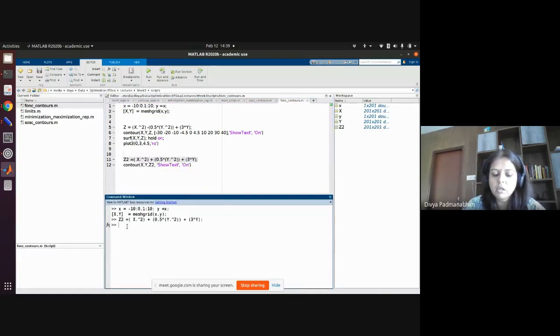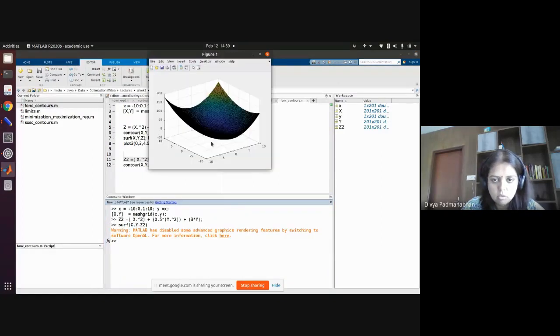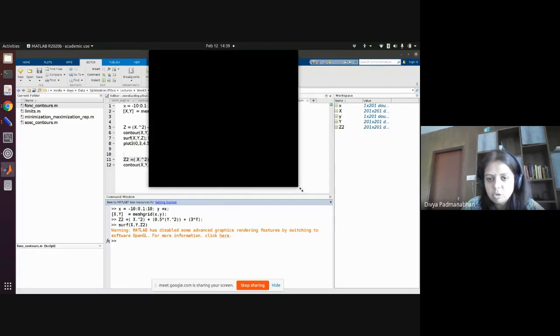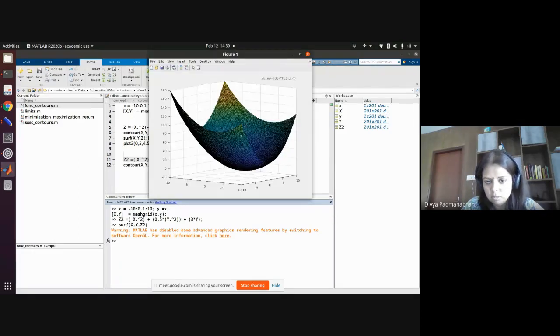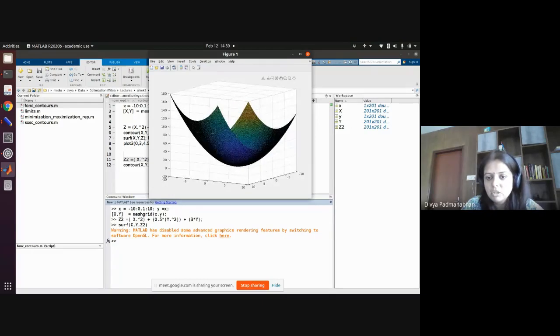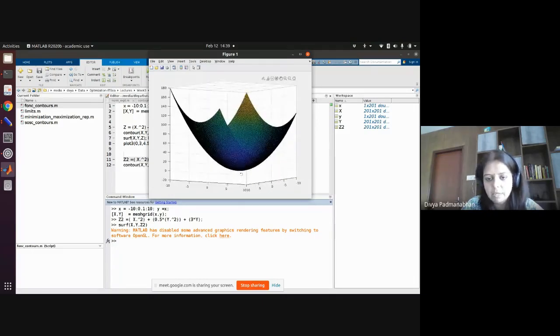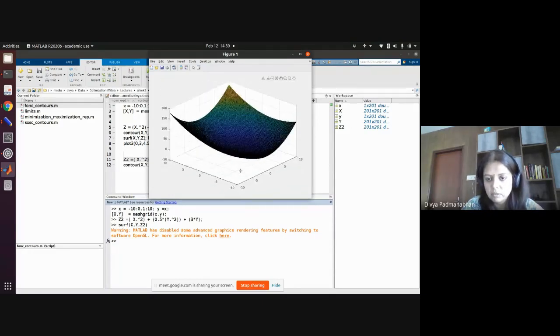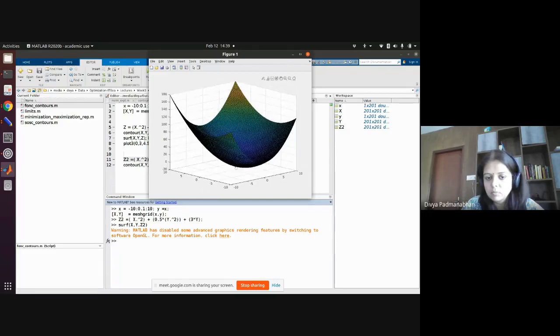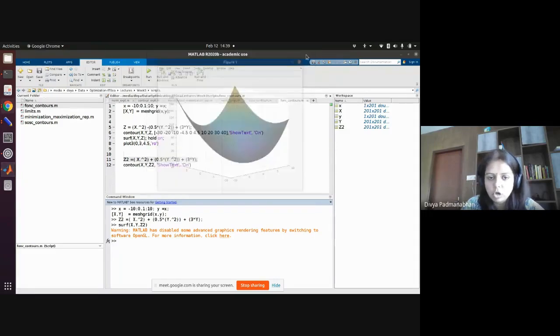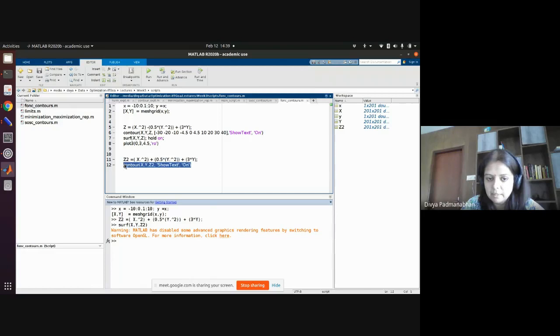Now I can draw the surface plot for this. The surface plot gives you an idea of the shape of the function. It looks like it has some minimum point somewhere here. If you draw the contours, you will get a better idea about the function.